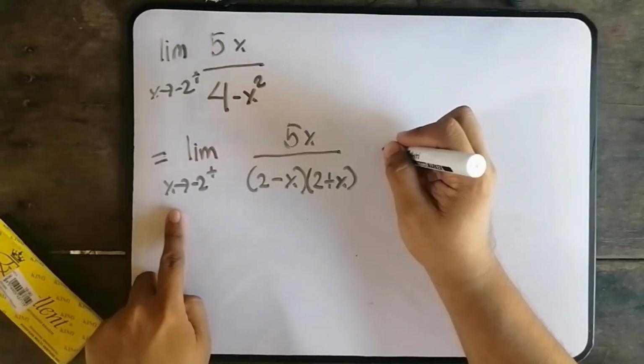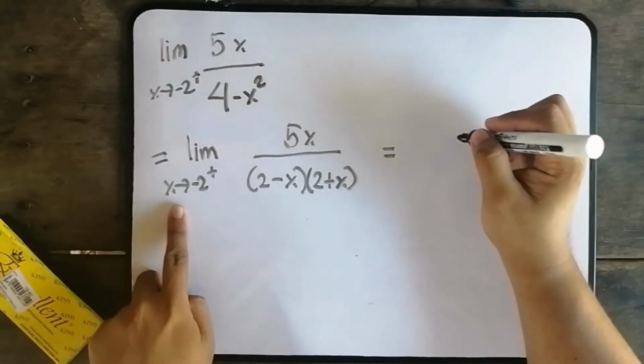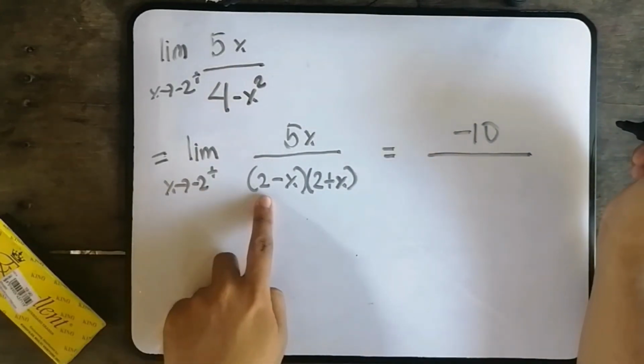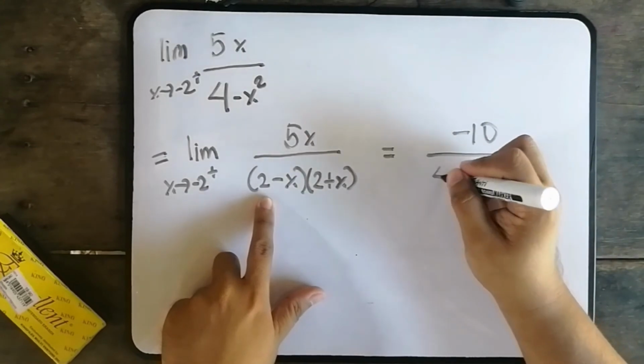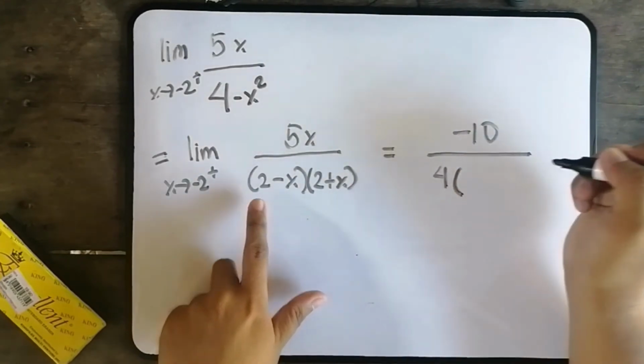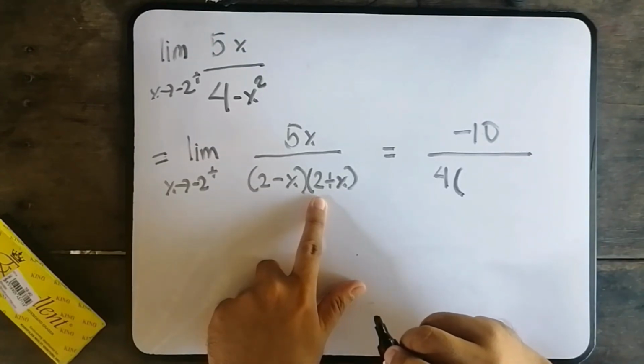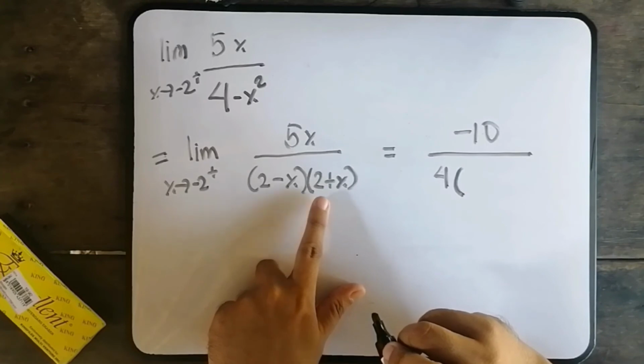So by direct substitution, this is now equal to negative 10 over 2 minus negative 2 is 4 times, eto, positive siya, so 2 plus negative 2, tignan natin kung saan ba dadaan yung 0 natin.